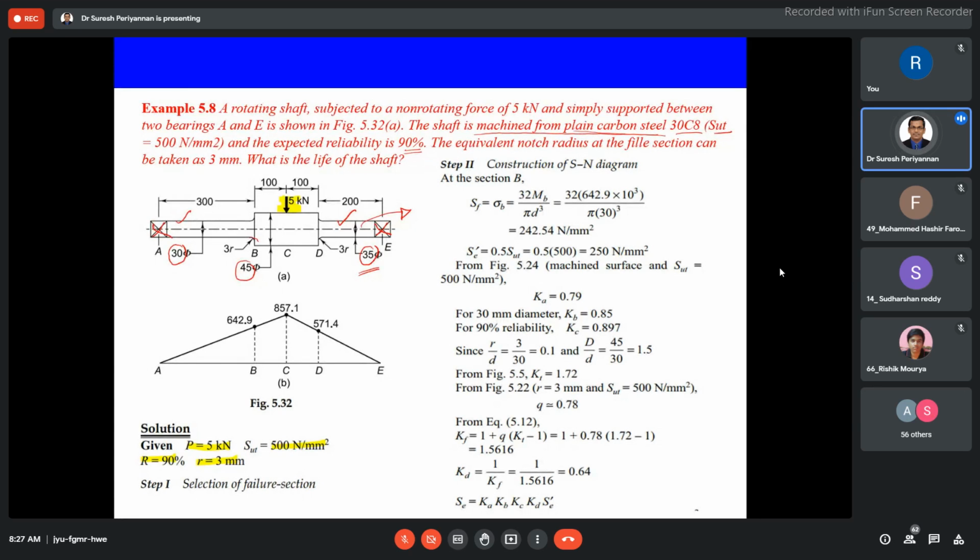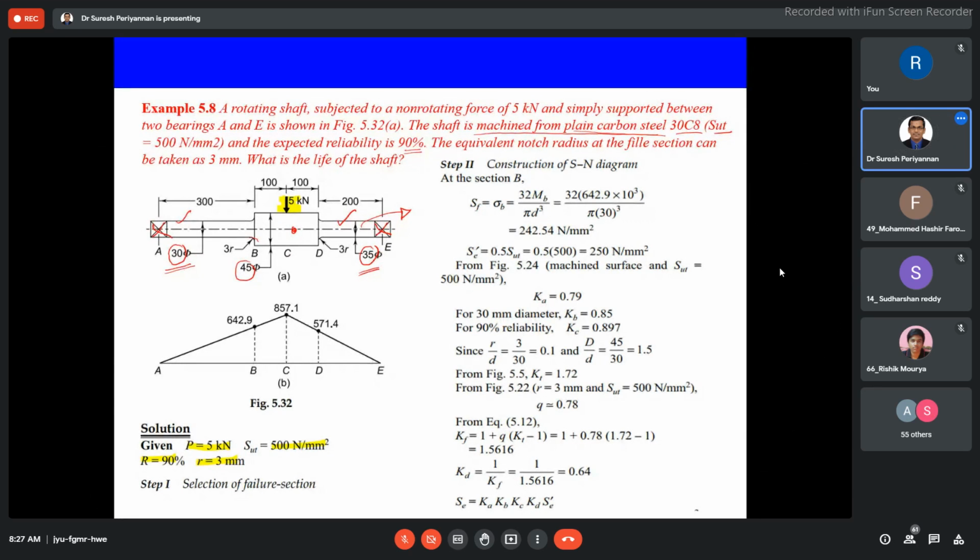That 10,000 cycles is valid for the 35 mm diameter, and is also good for the 40 mm diameter. But it cannot be considered for the 30 mm diameter of this shaft, because this diameter is smaller and it may fail before 10,000 stress cycles. Hence, we would like to consider the 30 mm diameter for our design life.